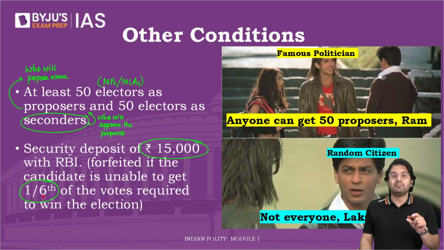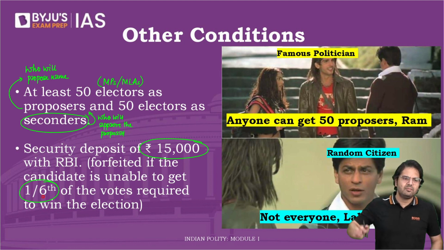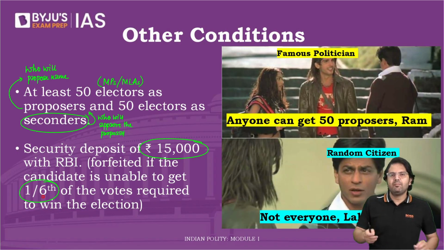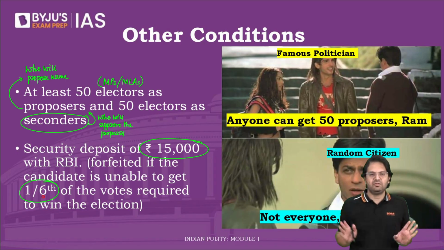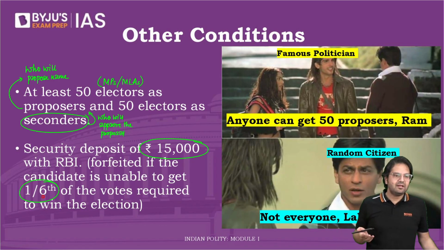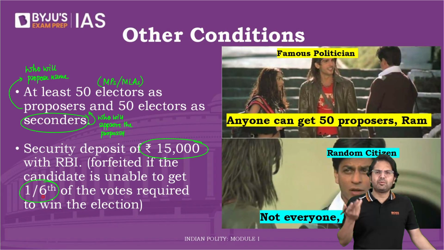In Hindi, they use a term called zamanat zabt, especially in the Lok Sabha, Vidhan Sabha elections. If you perform so poorly that not even 1/6 votes came in your favor, then the money is gone. But if you get more than 1/6 votes, even if you lose the election, they will give you back the money. They take this huge amount of 15,000 rupees. That's it. Clear?